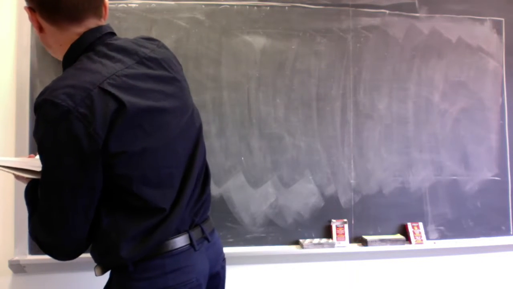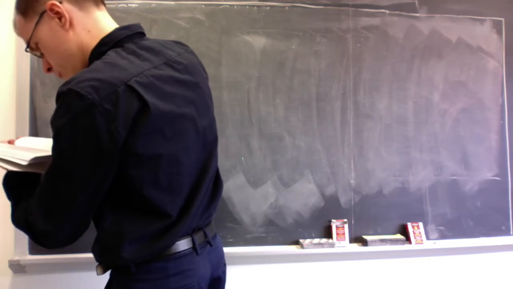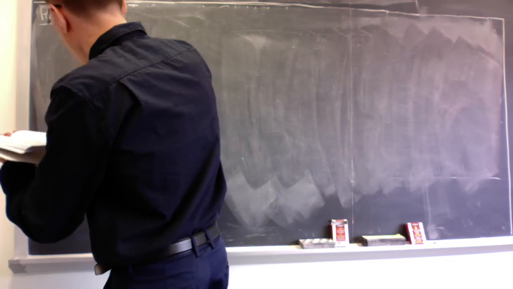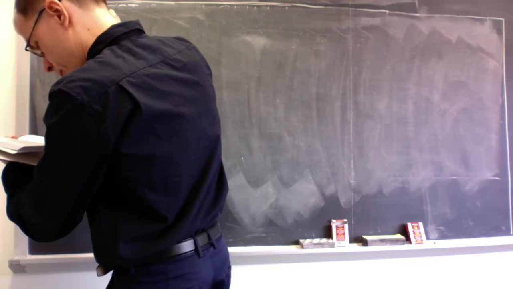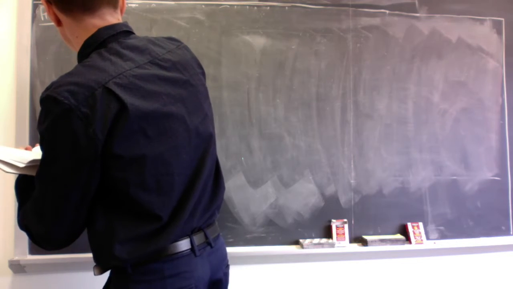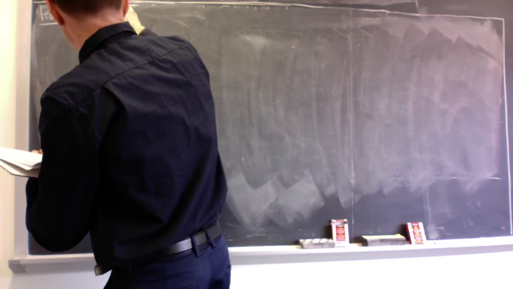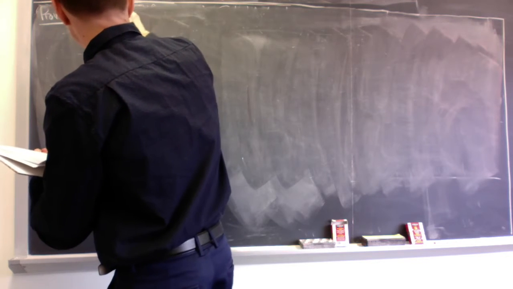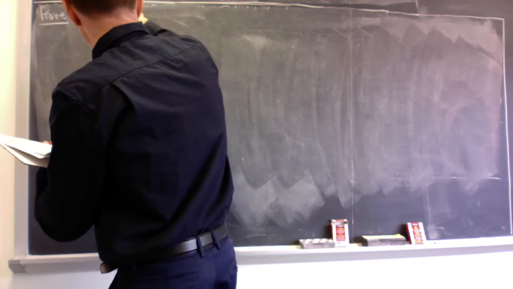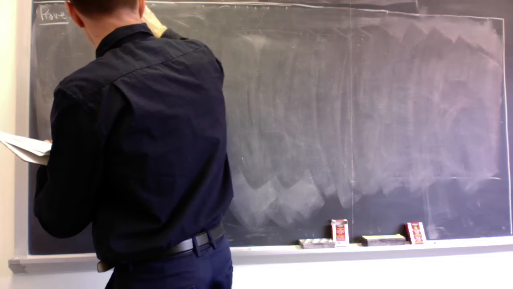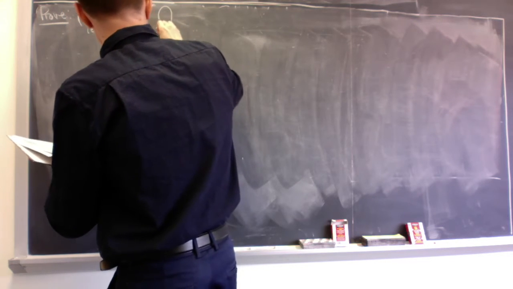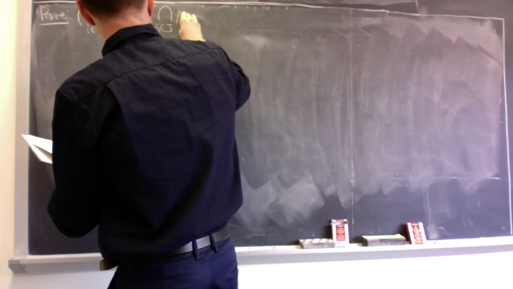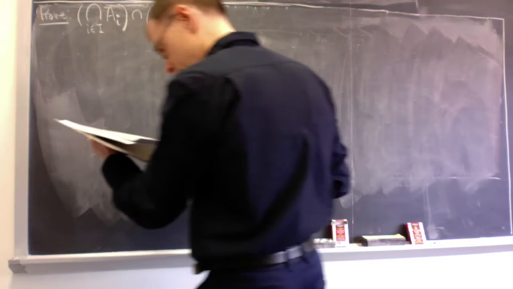This is part of part H, part 2 of part H. I'll just write it. Here we're going to have, again, two index sets. We're going to have AI coming from capital I, and we're going to intersect that with another intersection over J in capital J of AJ.